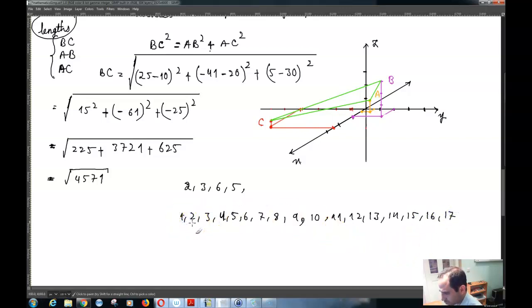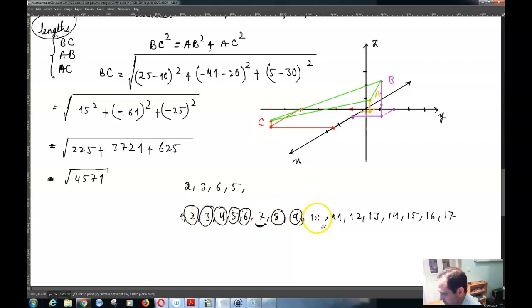For 2 you have no problem, for 3 no problem, for 4 you can use two 2's, for 5 you already know, for 6 you can use a 2 and a 3, so there is no problem there. 7 is a little weird compared to these numbers. For 8 you can use a 4 and a 2, for 9 two 3's.